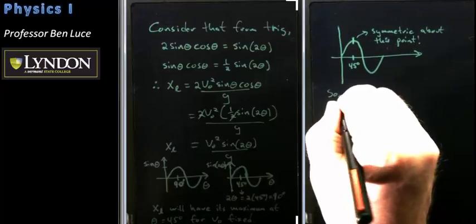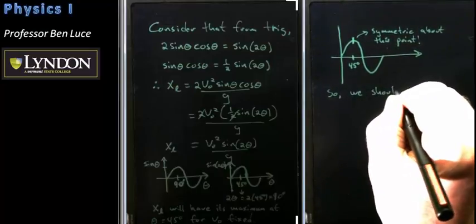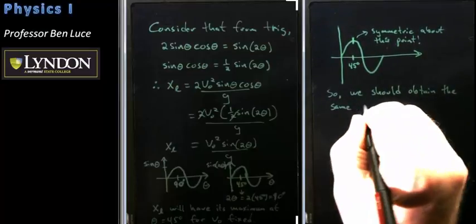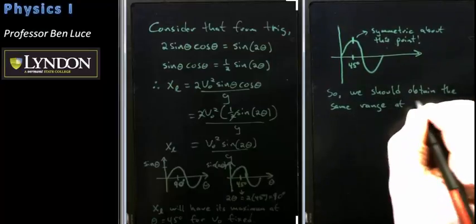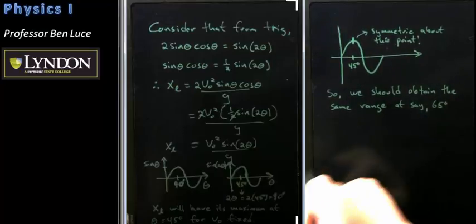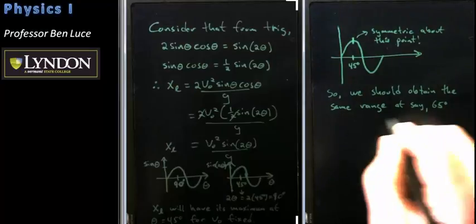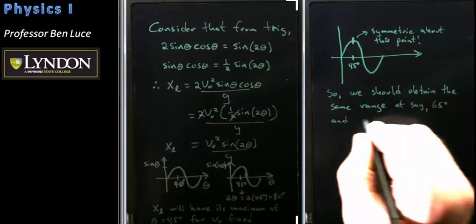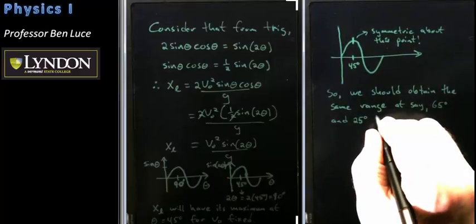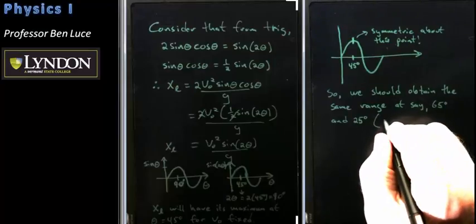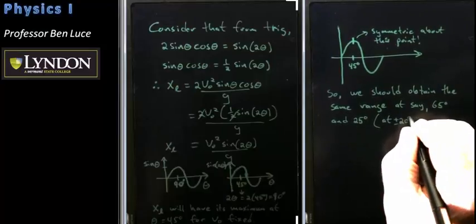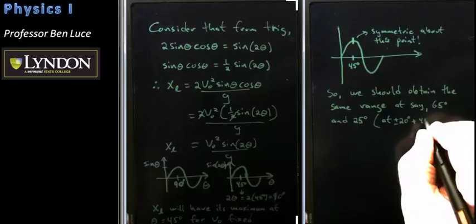So, for example, we should obtain the same range at, say, 65 degrees, which is 20 degrees greater than 45, and 25 degrees, which is 20 degrees less than 45. In other words, at plus or minus 20 degrees from 45 degrees.